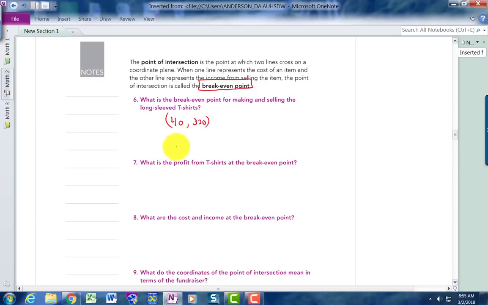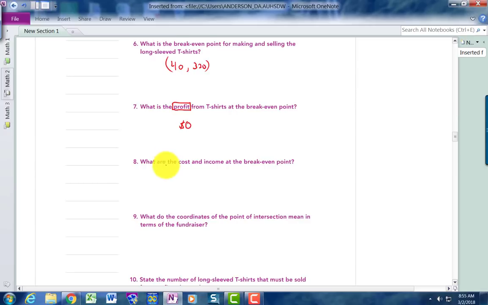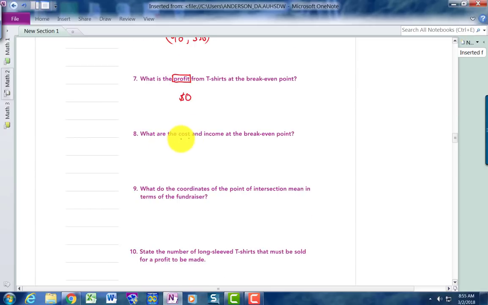What's the profit at that break-even point? Remember, your cost and your income were the same, so your profit was nothing. You made $0. And remember that the cost was $320 at that spot, and the income was also $320.